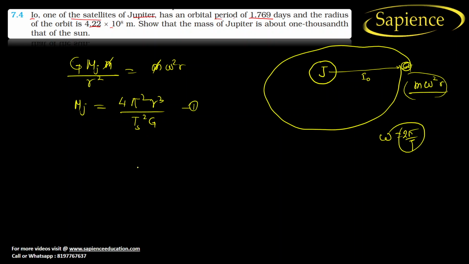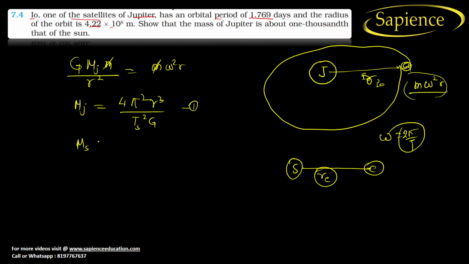Now it is time to find the mass of Jupiter in terms of the mass of the Sun. Can we do the same for the Sun? If there is a sun and there is an earth, the distance between sun and earth is, let us suppose, Re, and the distance between Jupiter and Io is R io.